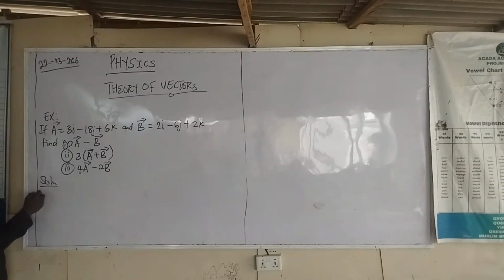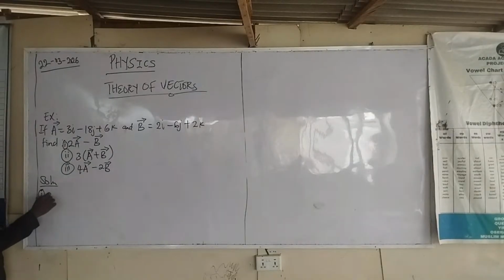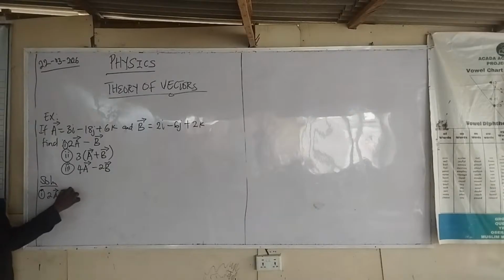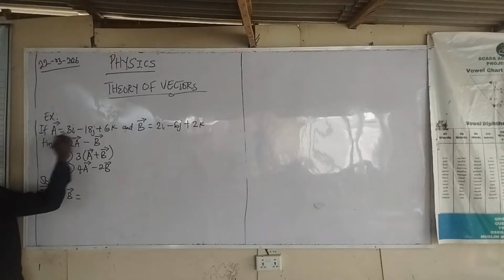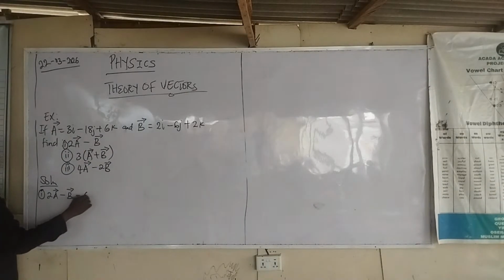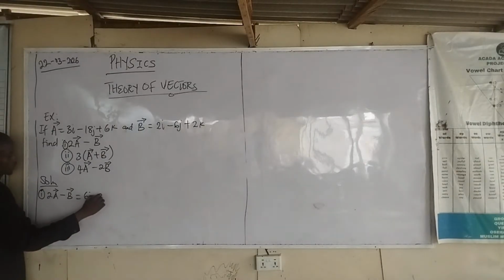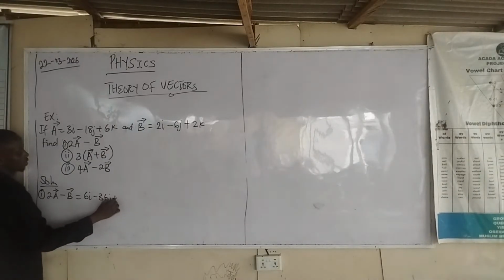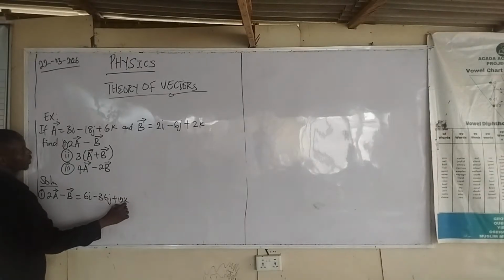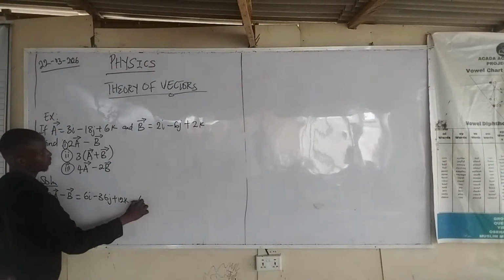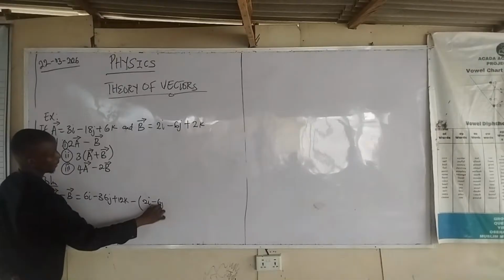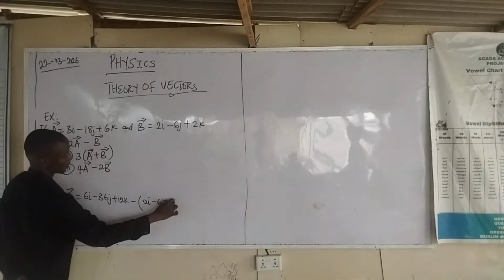We have 2A minus B. So you just multiply these ones by 2, and that is 6i minus 36j plus 12k, minus 2i minus 6j plus 2k.